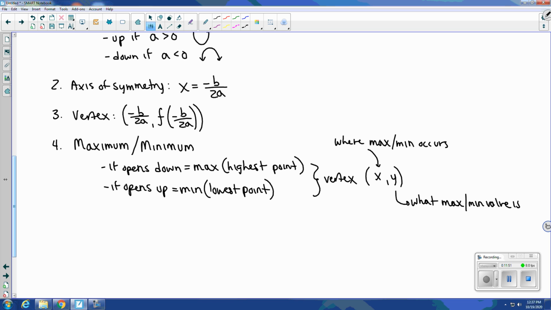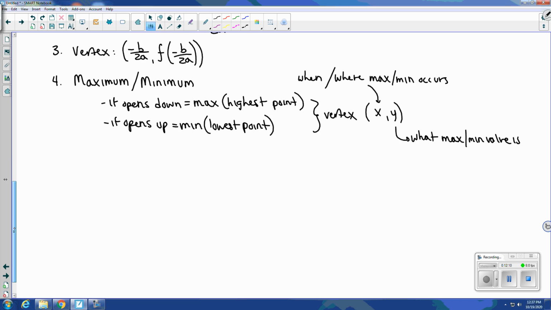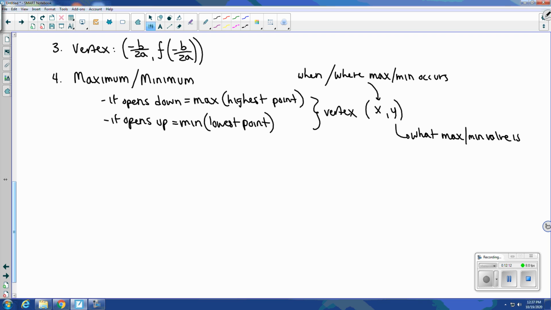This is important when we look at applications of quadratics. Where or when does the max or min occur? So let's add in when, in case we have a time application. And then what the max or min value is going to be whatever the y-coordinate of that vertex is. So again, that comes into play with application, so it's important to know what information is embedded within that coordinate.